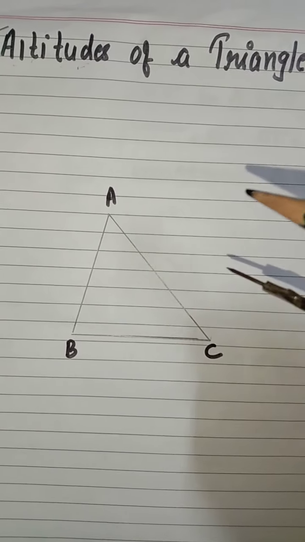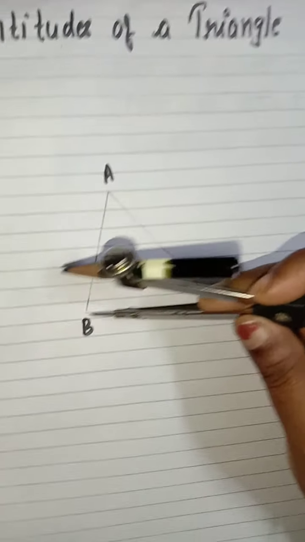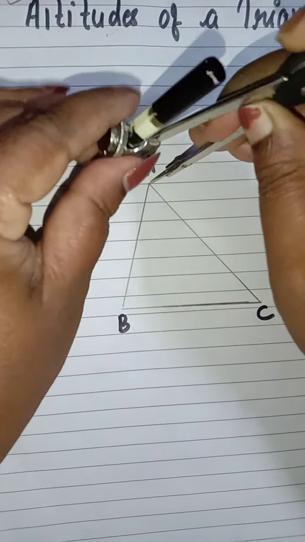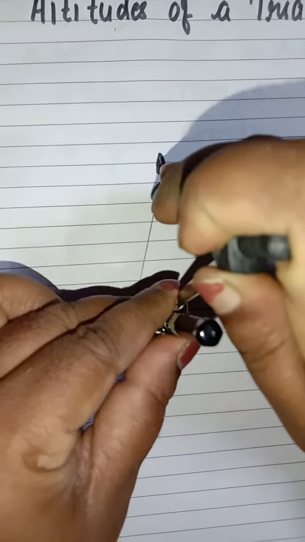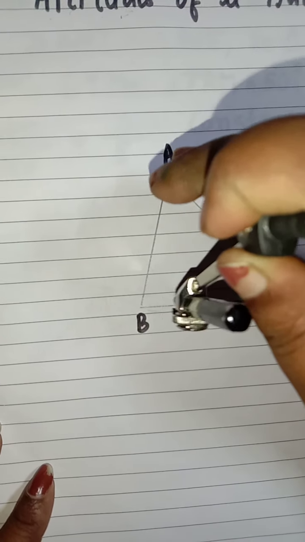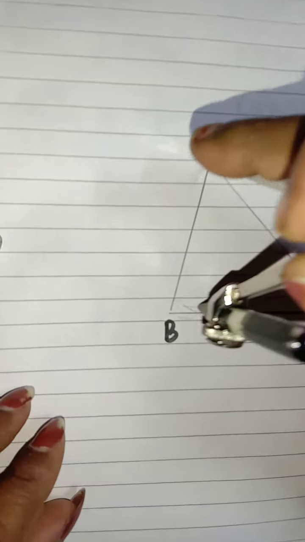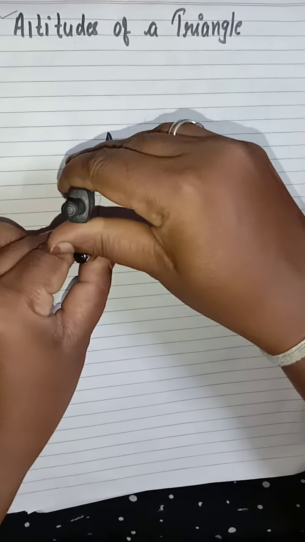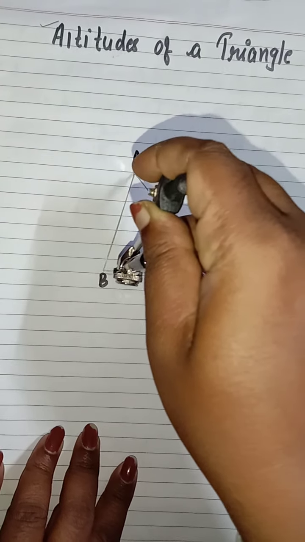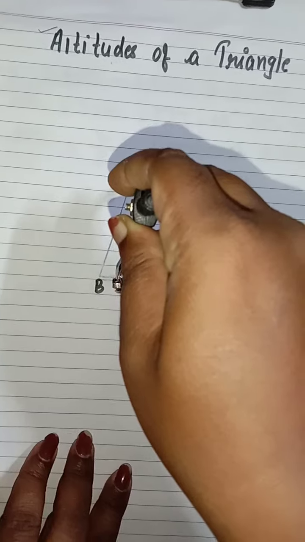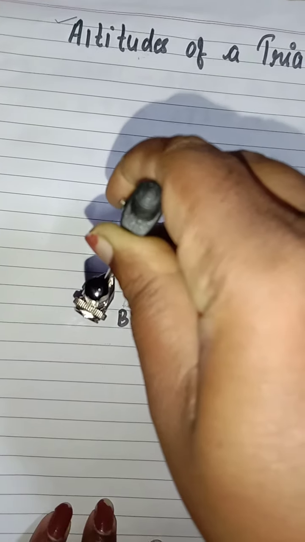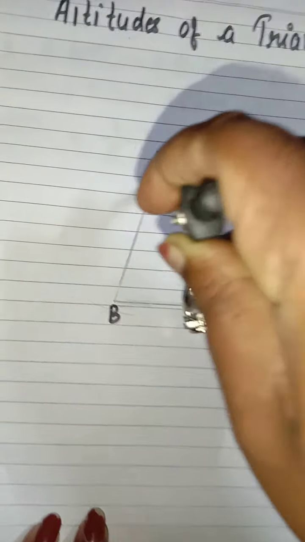So I am constructing the perpendicular of BC from point A. I will keep the still point of the compass on A, take a suitable distance and draw an arc on this segment. Here we will draw one arc.